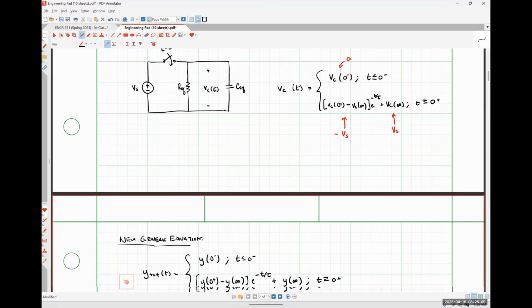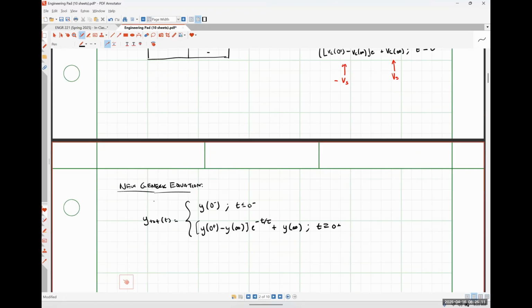That's literally what I was getting at right here. If we look at this expression and we can't tell whether this is a natural response problem, where all of our sources have been switched out of the system, or a total response problem, where some of our sources are left in the system, if we treat it as a total response problem, we'll always get the right answer because our forced response is 0 in a natural response problem.